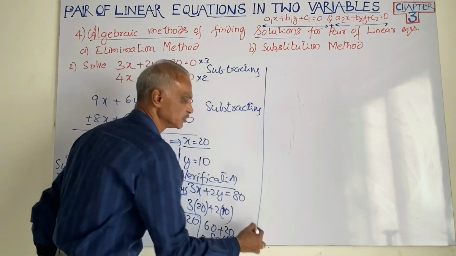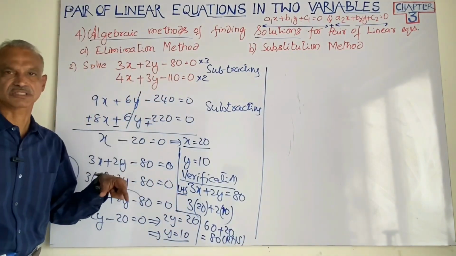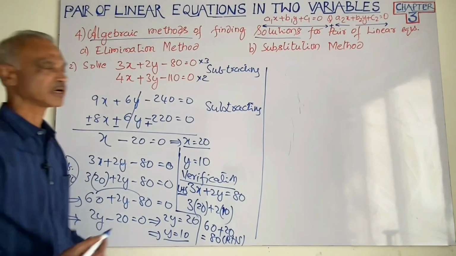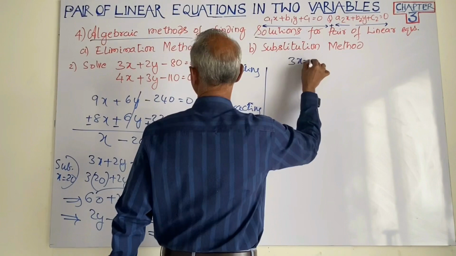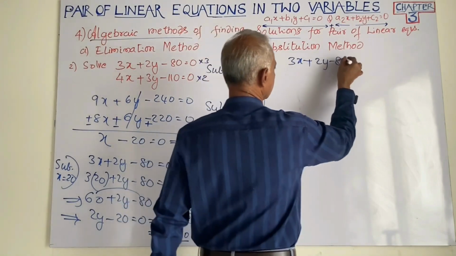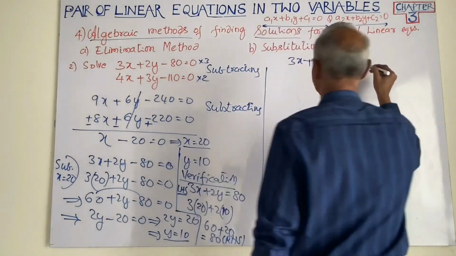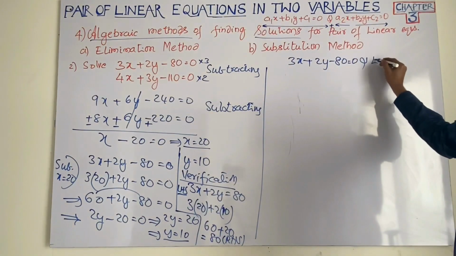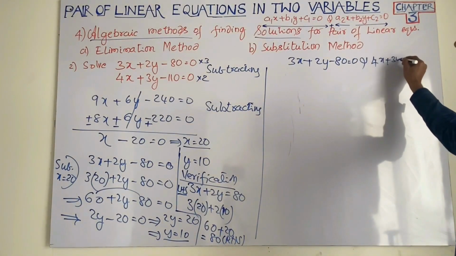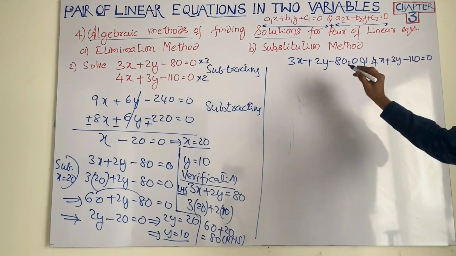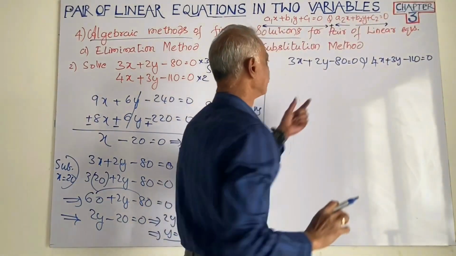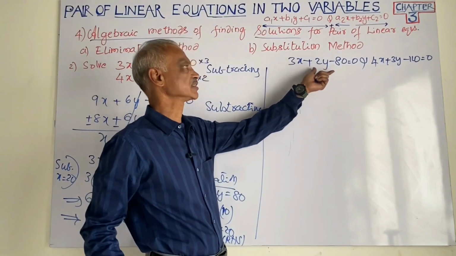Now you can do this problem in substitution method. How to do this problem in substitution method? I am taking 3x plus 2y minus 80 is equal to 0 and I am taking 4x plus 3y minus 110 is equal to 0. Now you find the value of x or y from this one.